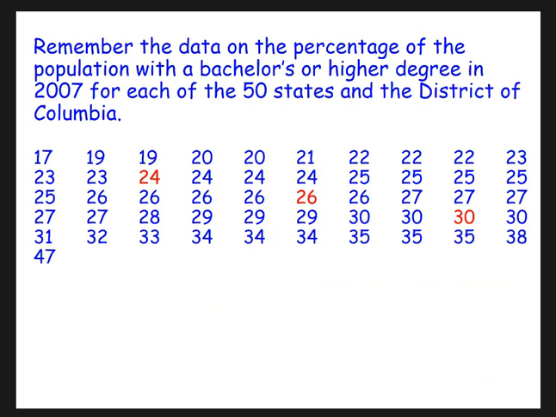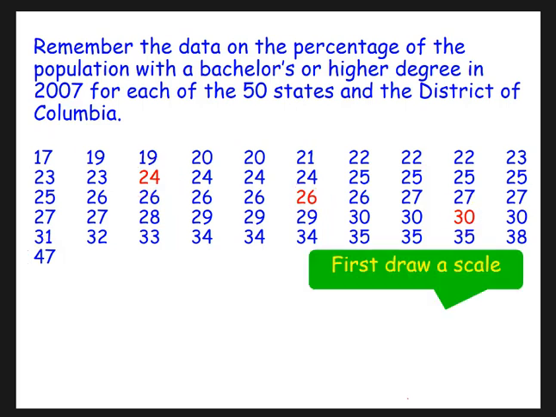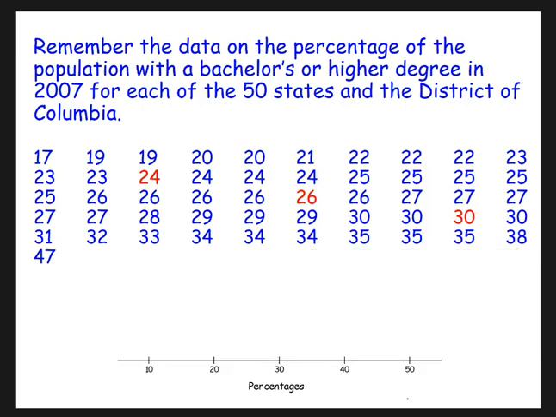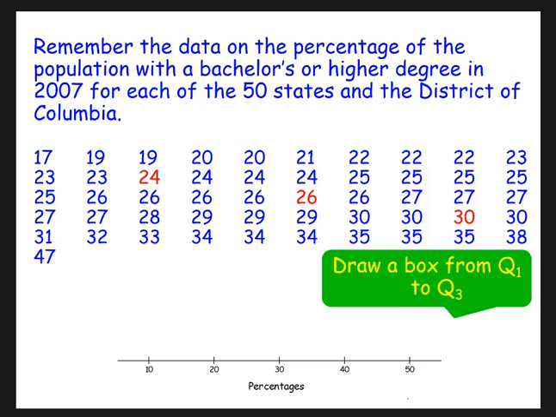So here's our data set again. We had the median of 26, lower quartile of 24, upper quartile of 30. We're also going to need the smallest number of 17 and the largest number of 47. So we're going to construct a number line that goes from 17 to 47. You can see this goes past 17 and 47 on each end.